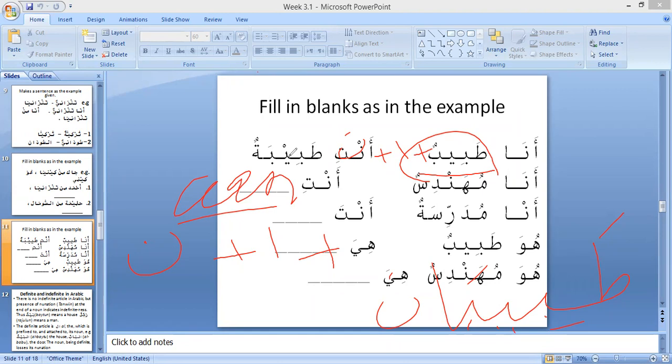But what comes after them should specify whether the two are male or female. Antuma and huma just show two people, they don't show any gender. But we said a male doctor is Tabib and a female doctor is Tabiba. Now when we are turning this into dual, how do we do it? You have to think critically, guys.